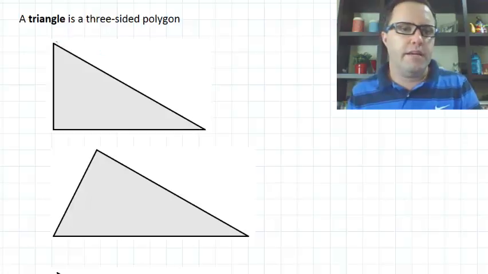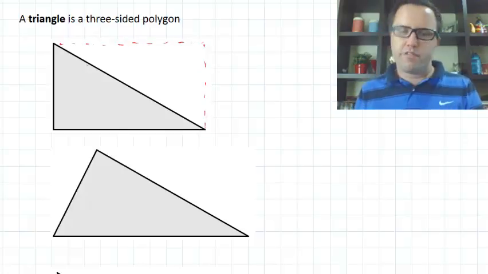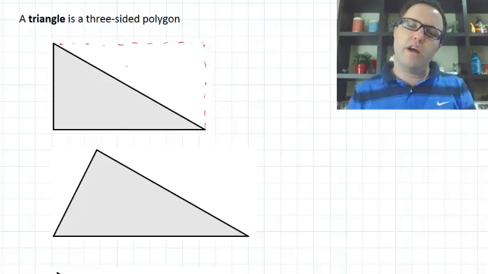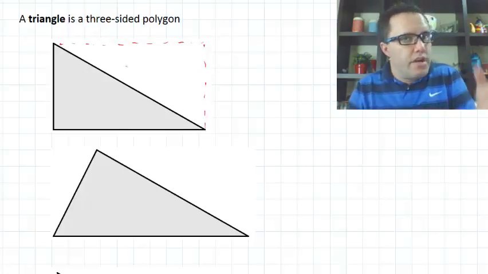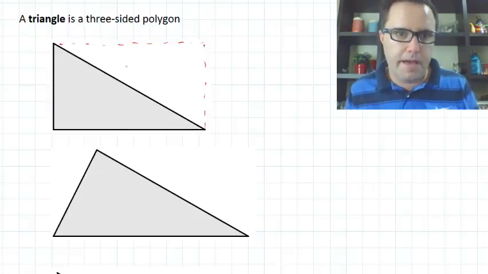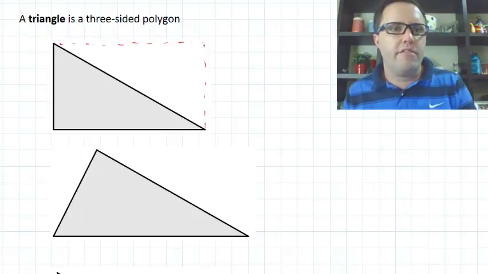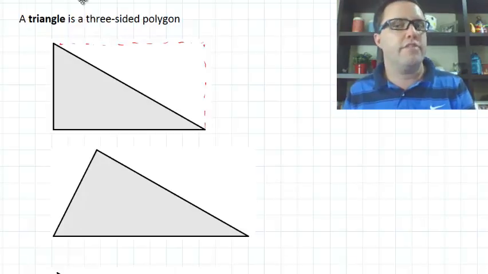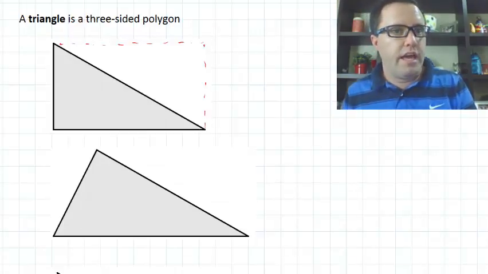Now, something I want you to think about is that a triangle is totally like half of a rectangle. And it turns out that a triangle is equal to half of the rectangle that encloses it. Okay, so remember that the area of a rectangle was length times width.